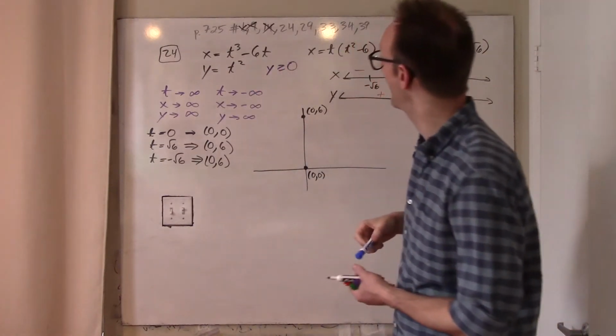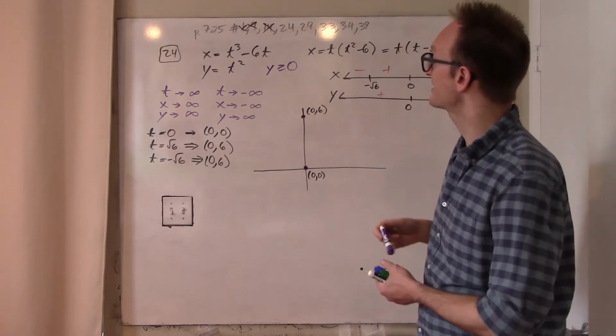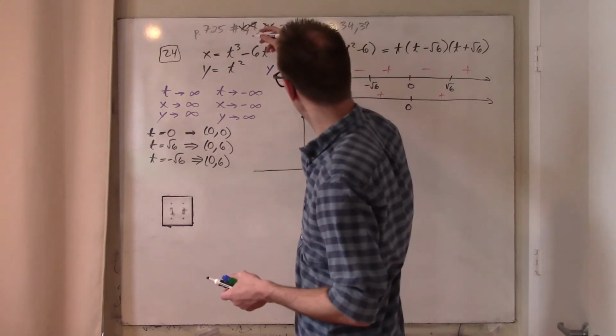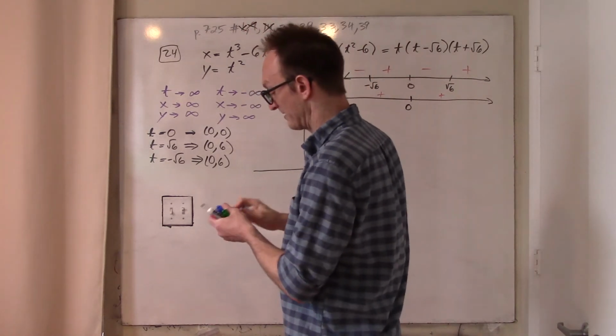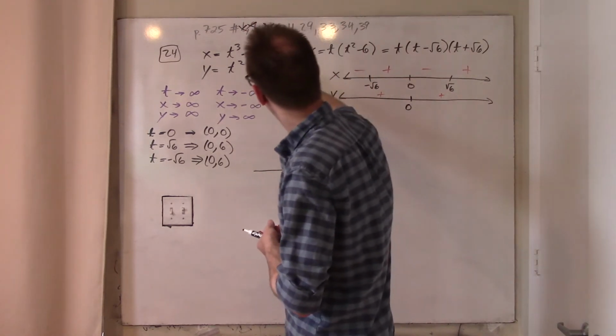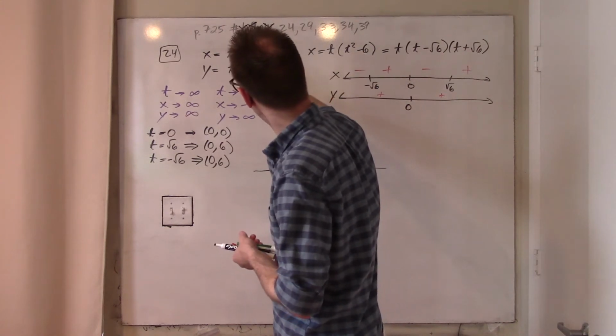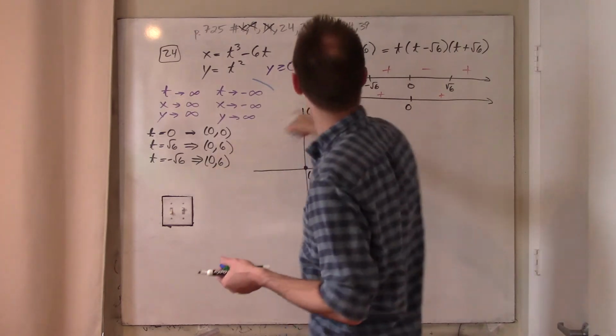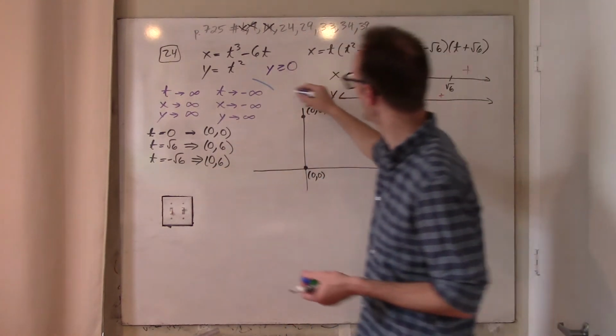And where do I start? I start at time negative infinity, at negative infinity, comma infinity. In other words, I start kind of way up here. And I think what's going to happen is, by the time I get to time negative root 6, oh, also my x coordinate is negative, my y coordinate is positive.